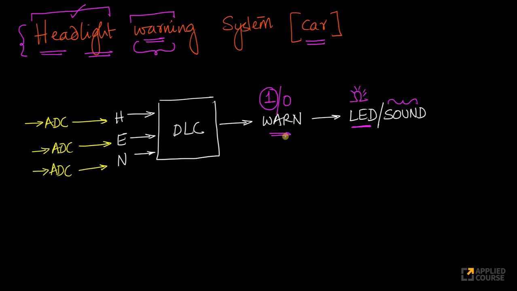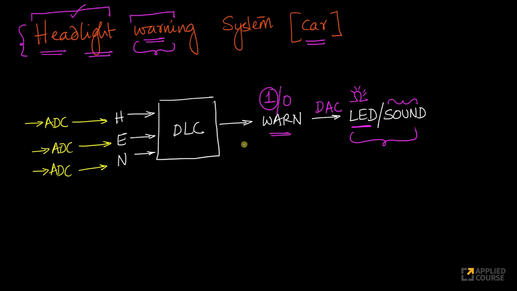In both cases, it should warn. The warning can be shown to the driver either using an LED light on the dashboard or using some sound, so this warn digital signal will be given to an LED or a sound through a digital to analog, D to A, converter, depending on what you want to use it for.